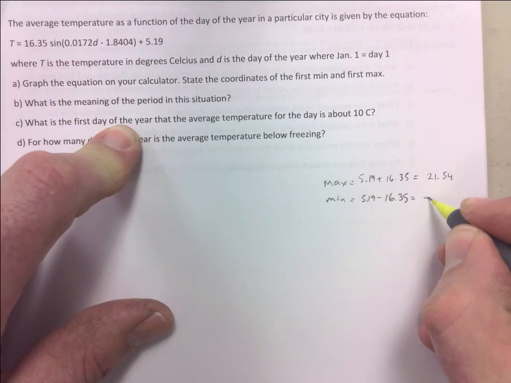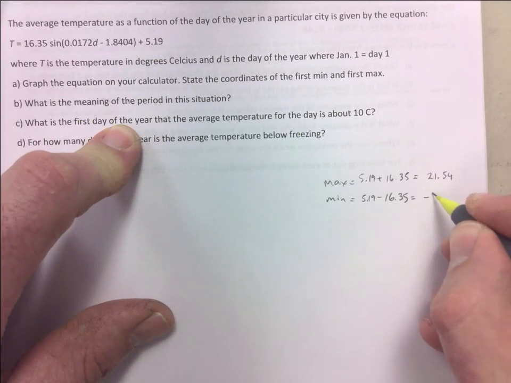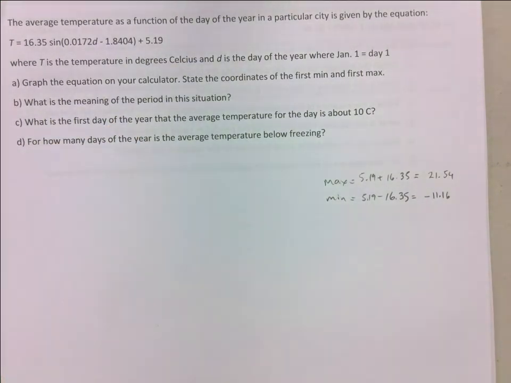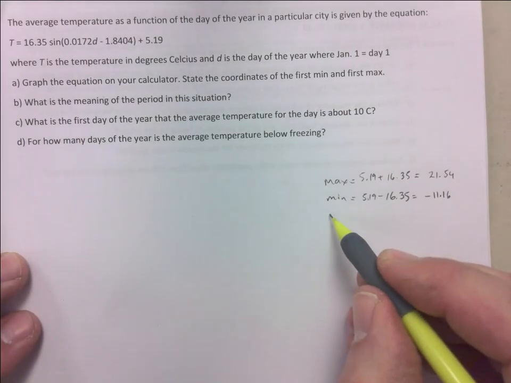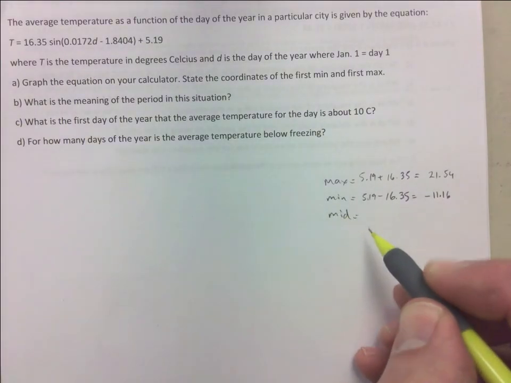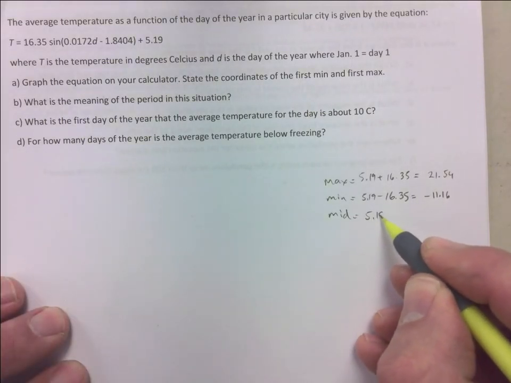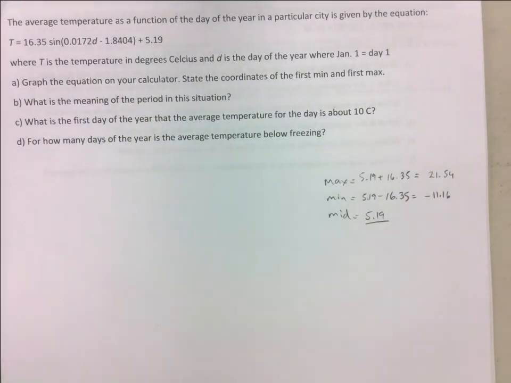We're in the negatives here, and the min is negative 11.16. So definitely not Winnipeg. Can't be Winnipeg. Should be minus 40, right? The midline, what's the midline? It's like the average. That would be the average, guys. If this question had asked you what's the average temperature, it would be like the midline, okay?